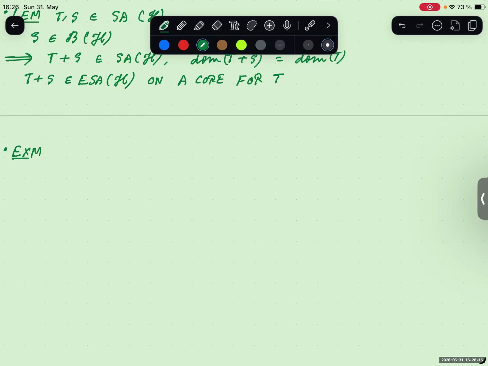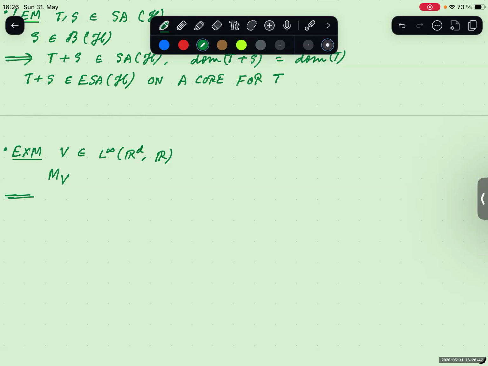So the example we want to consider is: let V be a real-valued L infinity function. And then we cook up the multiplication operator by V, right? We know how to do multiplication operators. Okay.